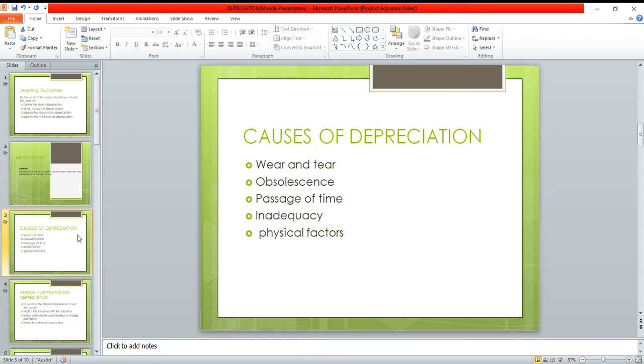We also have physical factors like weather, cold or hot weather. Those are some of the contributing factors which cause depreciation of assets.